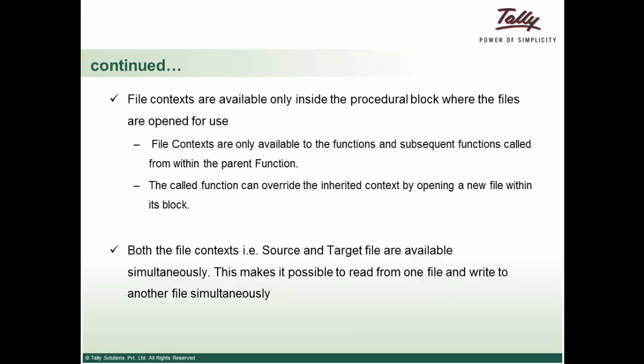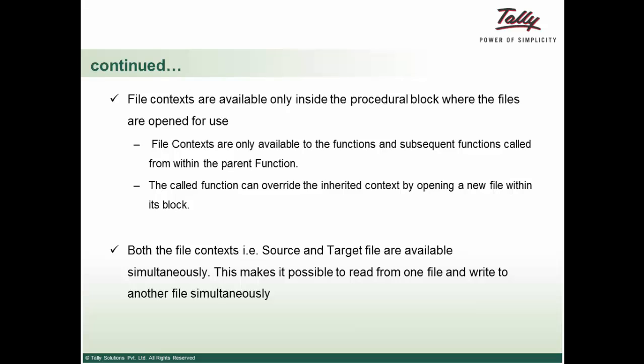The file contexts are available only inside the procedural block, where the files are open for use. File contexts are available for the functions and subsequent functions that are called within the function. The called function can override the inherited context by opening a new file within its block.